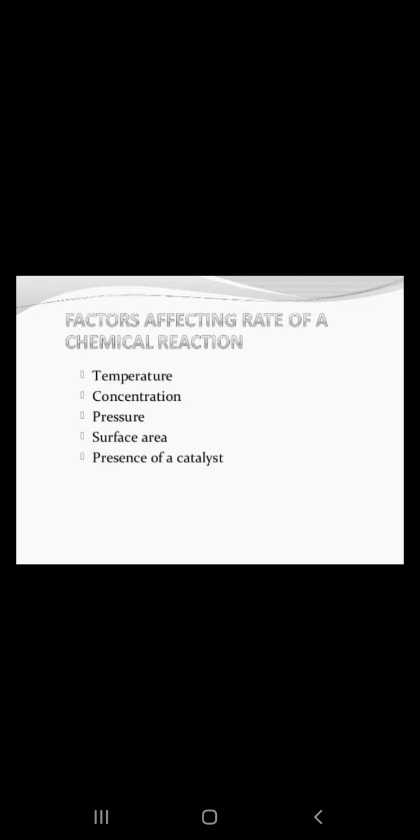The factors affecting the rate of a chemical reaction are temperature, concentration, pressure, surface area and presence of a catalyst. First, temperature. An increase in temperature increases kinetic energy, so the number of collisions increases, and more particles have energy greater than the required activation energy.